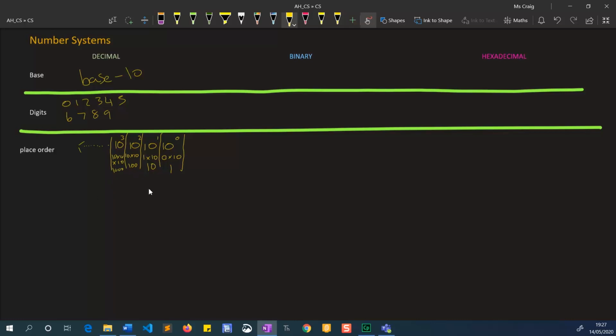So you know this from your past as units, tens, hundreds, and thousands. Yeah? And you were able to write any number into this system.